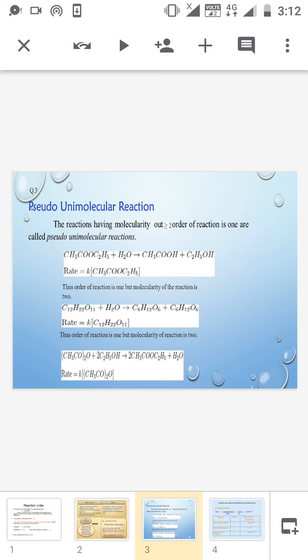So we would expect a second order reaction, because the rate of reaction is equal to K into concentration of ester into concentration of water. If you sum up the powers of the concentration terms, 1 plus 1 is equal to 2. So naturally we expect the order of the reaction to be 2, but actually it is 1.